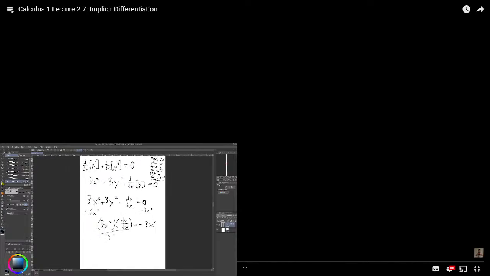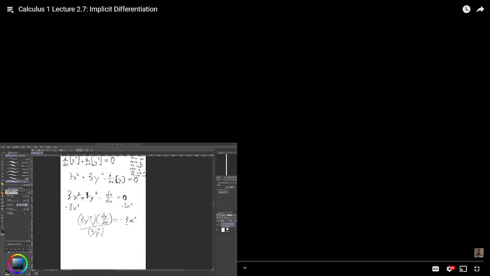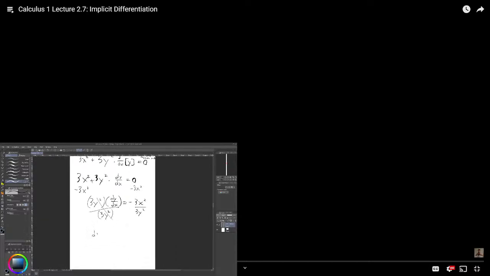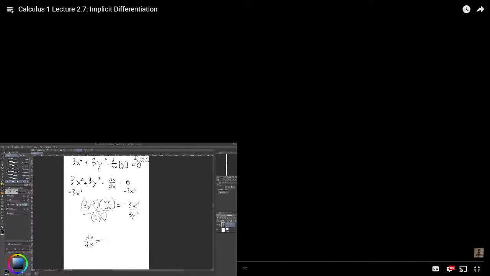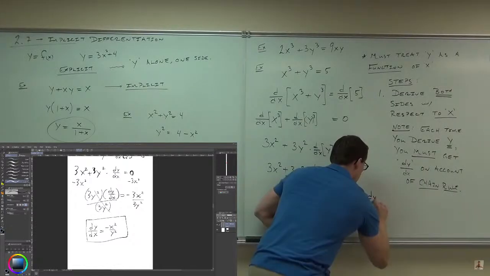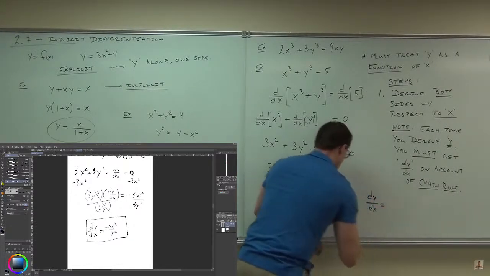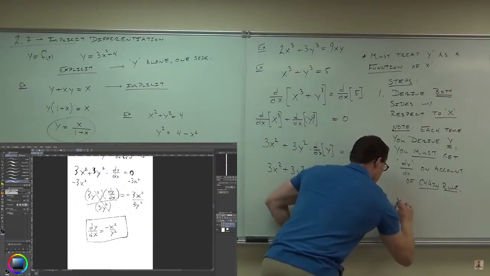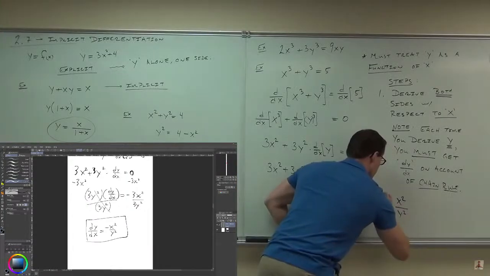So you keep the 3y squared on that side as well, for right now, because it's being multiplied. Now we divide. So now that's gone. If we do just a little bit of simplification, we get dy dx equals negative x squared over y squared.